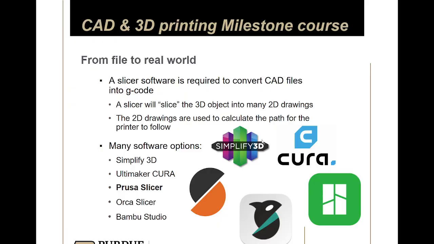But yeah, we're using Prusa Slicer today. I guess a little bit of history for you. Prusa Slicer is based on another slicer that people don't really use as much anymore, but it was called Slic3r. It's just slicer with a 3 instead of an E. So Prusa Slicer was based off of Slic3r's original code, and then they did their own stuff.